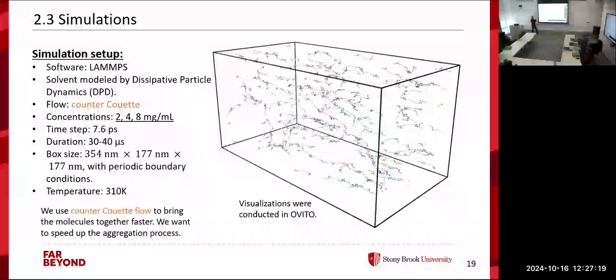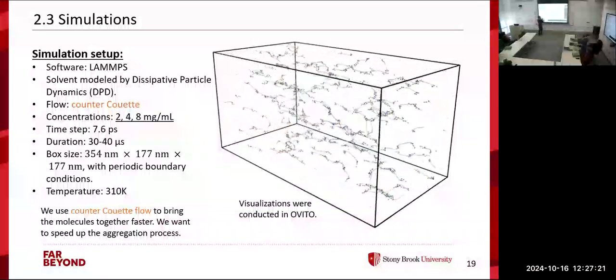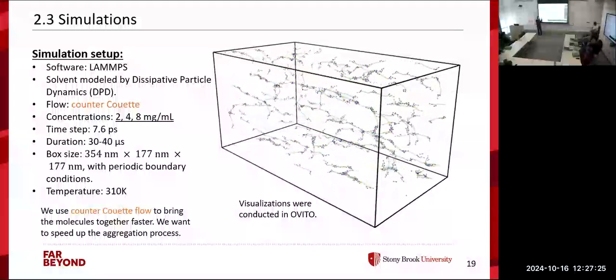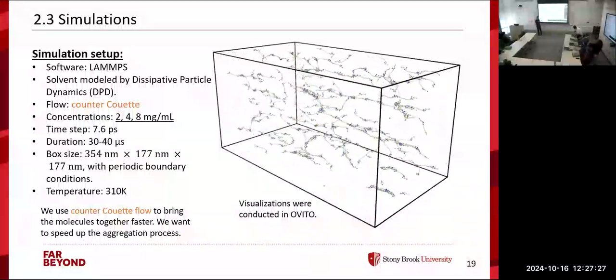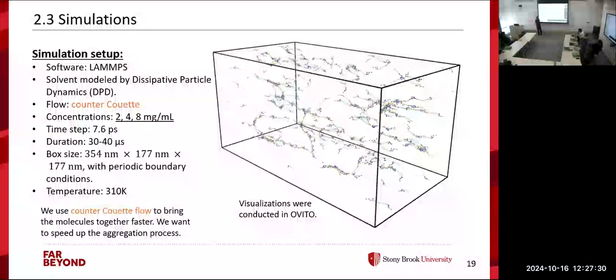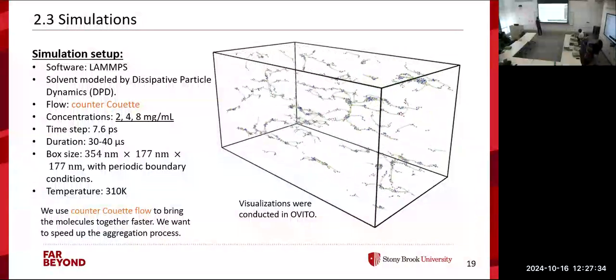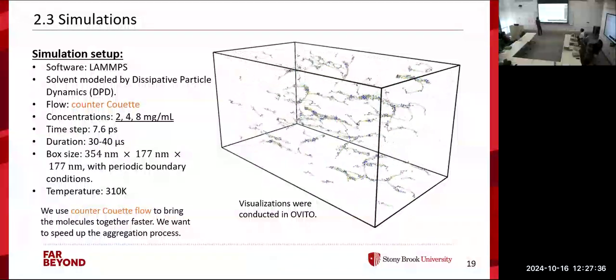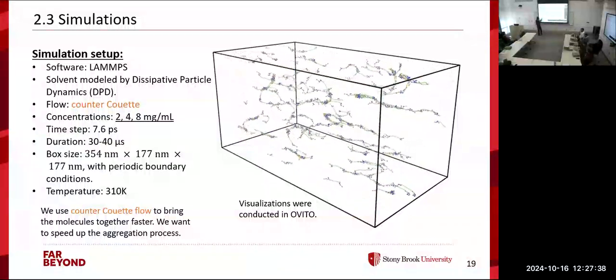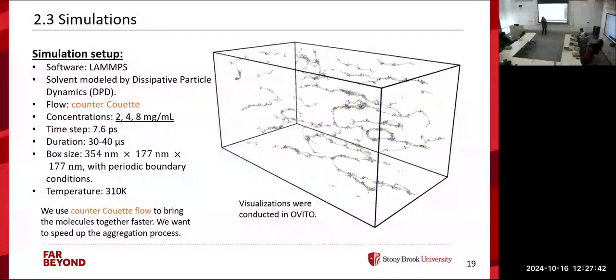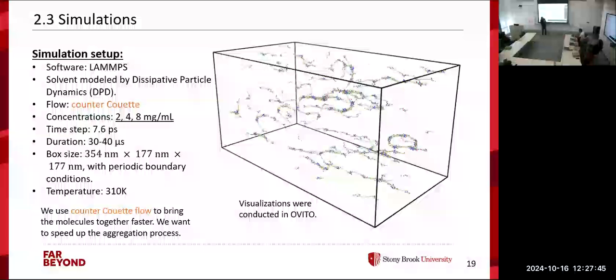We have some fluid, but I've made it transparent so that we can see the molecules. We're modeling the fluid with dissipative particle dynamics, and we have a time step of 7.6 picoseconds, a box with periodic boundary conditions, and we're using this counter wet flow.